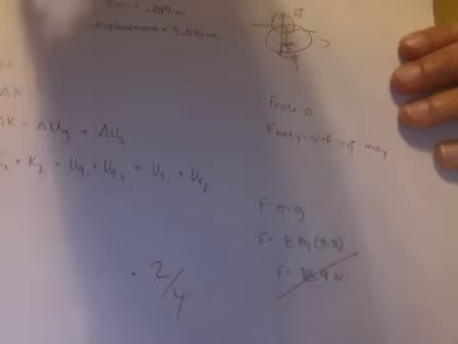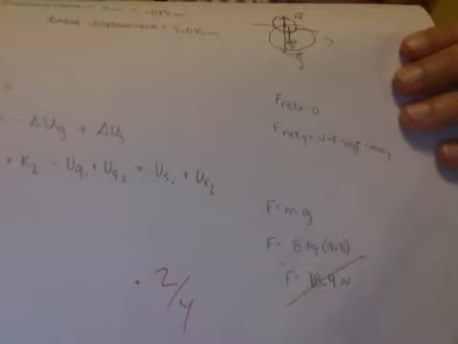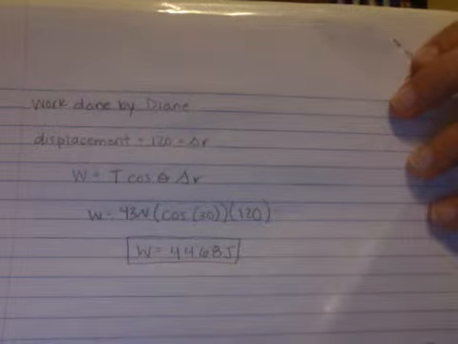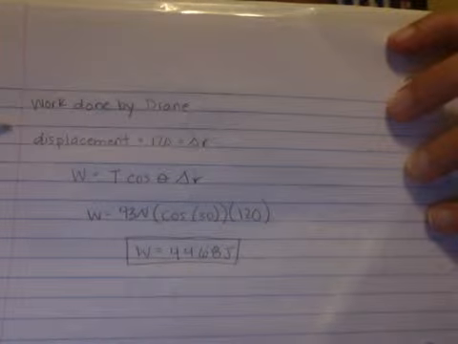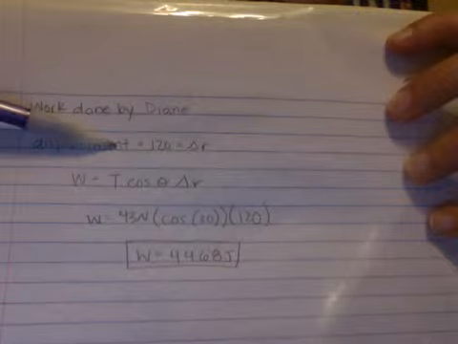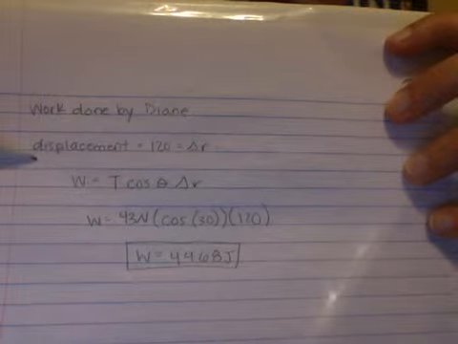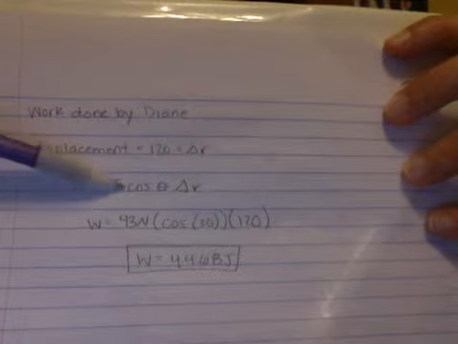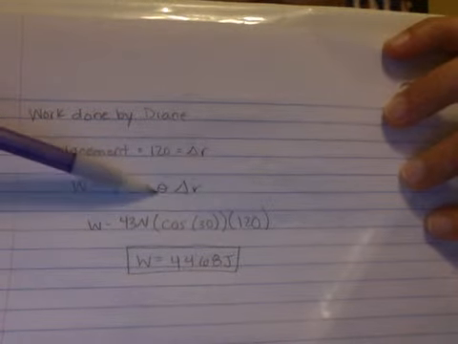Now that we know the tension of the string, we can find the work done by the person pulling the sled. I didn't state this earlier, but we're given the displacement, which is 120 meters. Work equals the tension times cosine theta times the displacement.